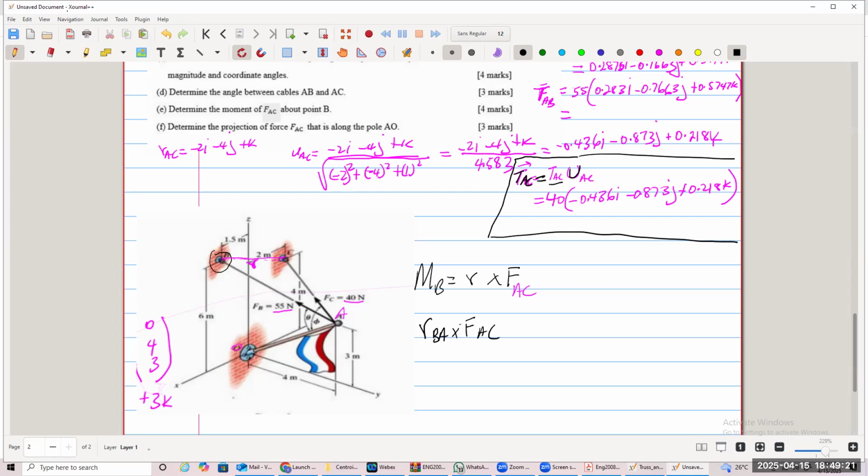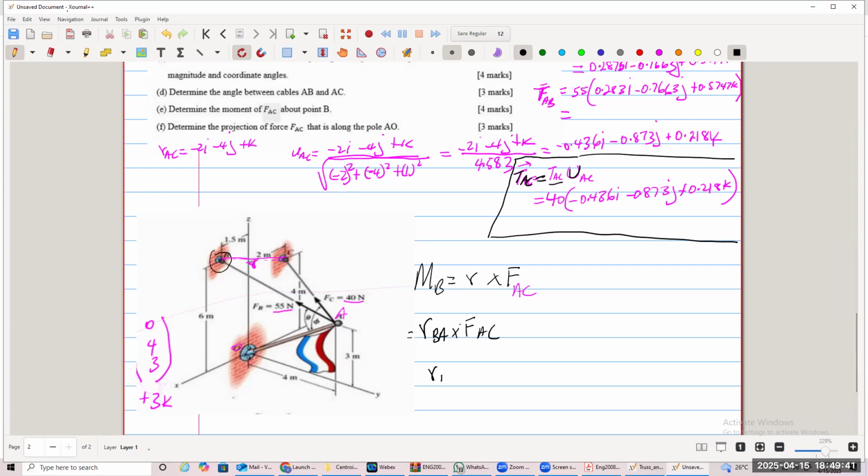So the force must always be touching the line, right? So that is one approach. Which other one would you use? BC.